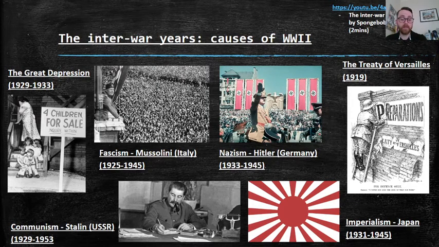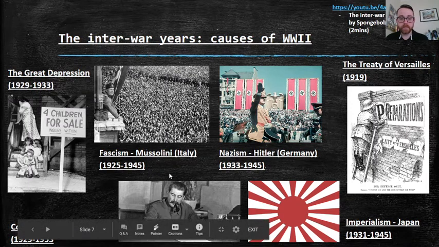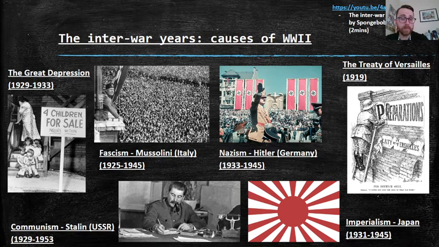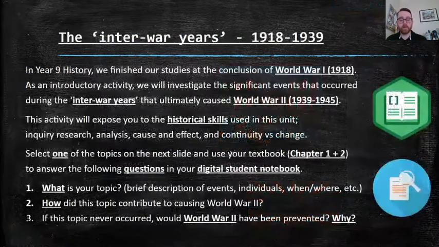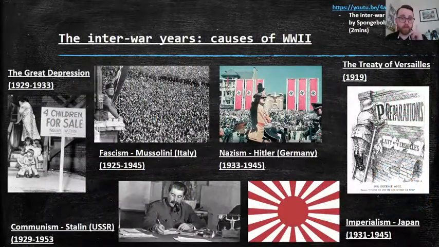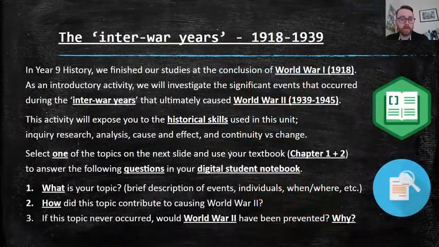That was the flag before World War II for Japan. That was the Imperial Japan flag. And then finally, another forgotten figure, Stalin, who was the leader of the USSR, which is now Russia, and the rise of communism in Russia also played a part in the start of World War II. So what I'd like you to do with all of these, pick one, and then answer those three questions there.